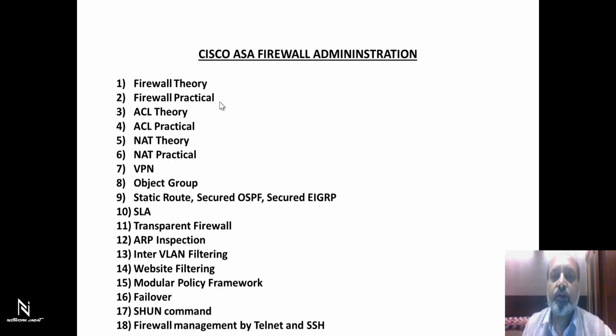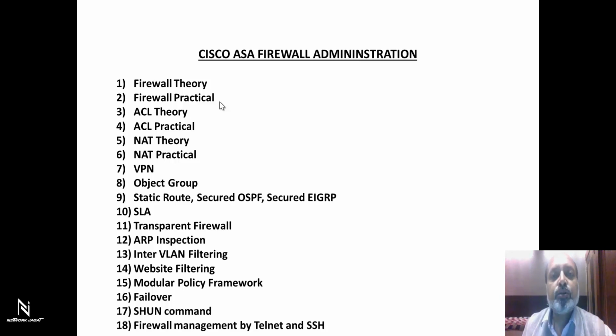Even the software firewall solutions like the Windows firewall and antivirus firewall all have these features in common. So we must learn them, otherwise we will not understand what a particular firewall is actually doing.